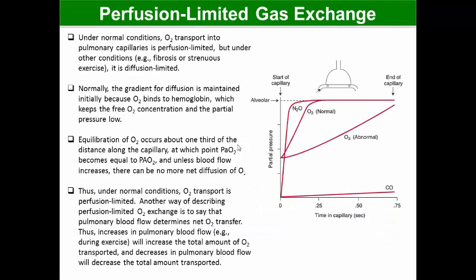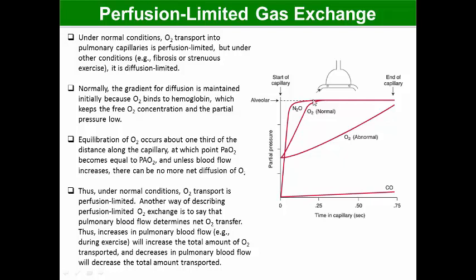Now, this is the transport of oxygen. Again, I'm repeating this. This is the transport of oxygen across the respiratory membrane, and the exchange or the transport of oxygen across the respiratory membrane is described as perfusion limited. However, this is the norm. It is perfusion limited.